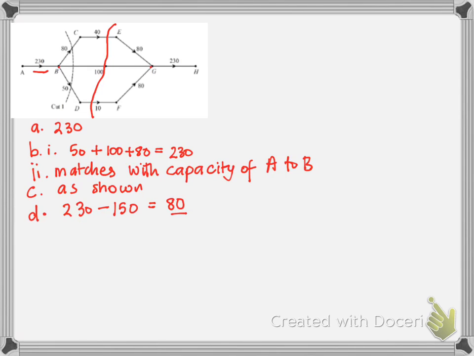You're then told that instead of upgrading road B to G, a new road might be added between D and G. I'll just draw it in now.